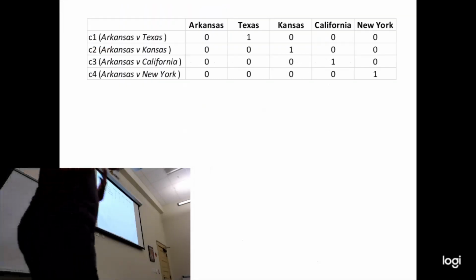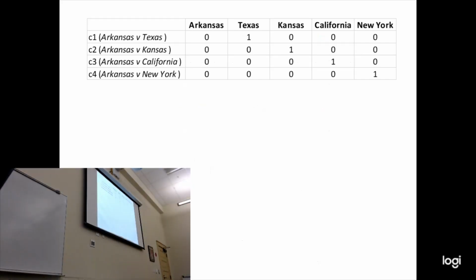So one way I could approach this is I could say, well, it certainly looks like Arkansas has higher levels of anxiety, at least if we look at that table of means. So maybe what I can do is some dummy coding.